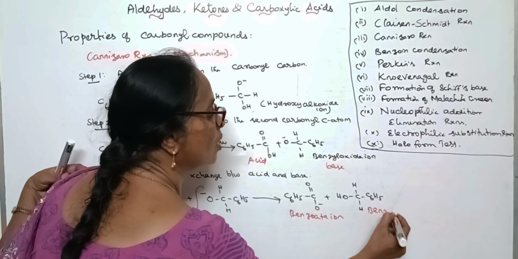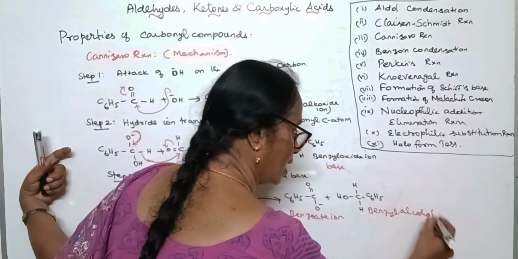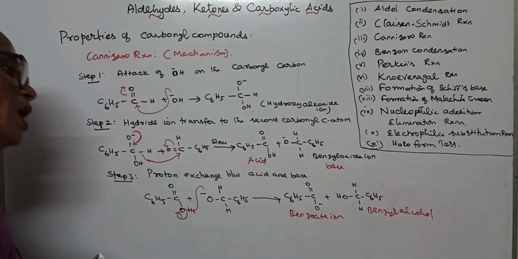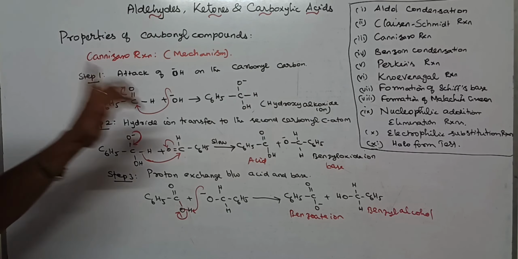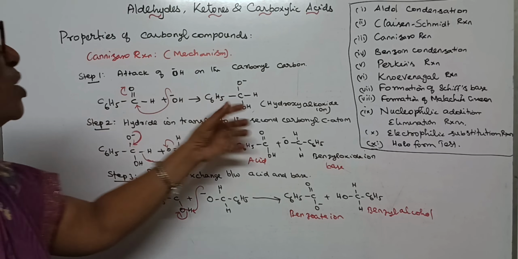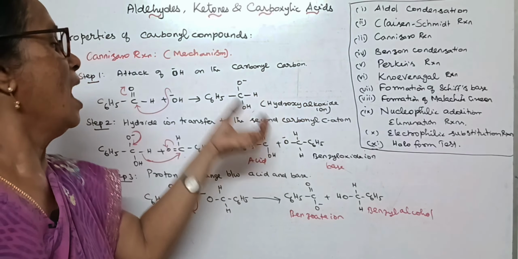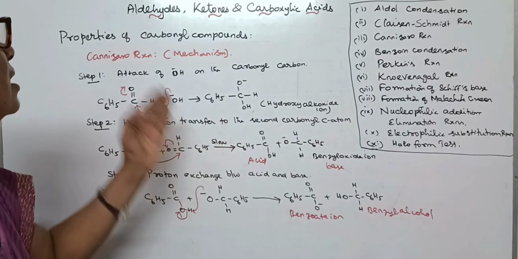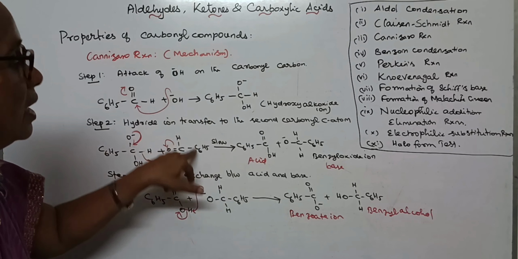So this is the mechanism involved in the CANNIZARO reaction. You have to understand how the steps are proceeding. The first step is attack of base to the carbonyl carbon. So we are getting hydroxy alkoxide ion. And from this alkoxide ion, a hydride ion will be transferred to another benzaldehyde molecule.